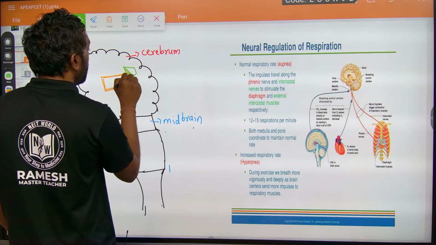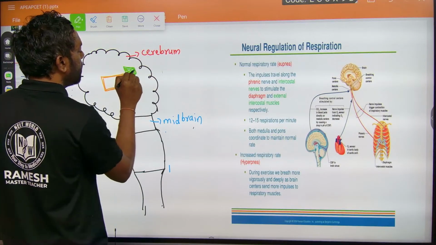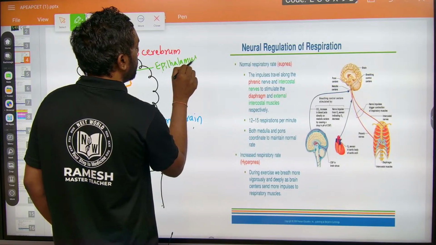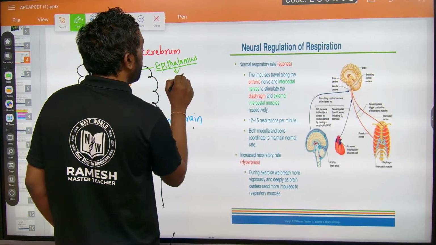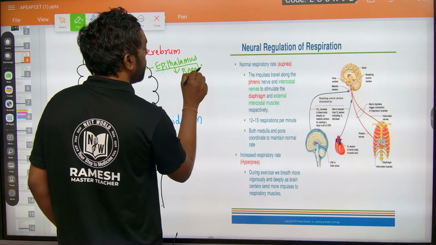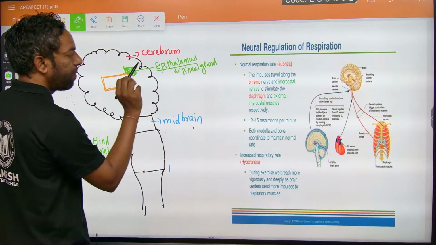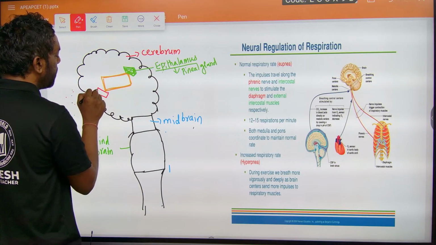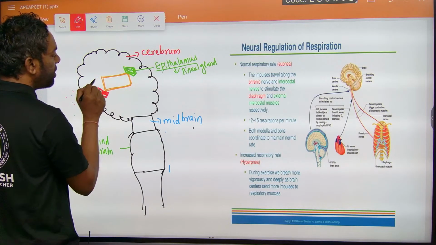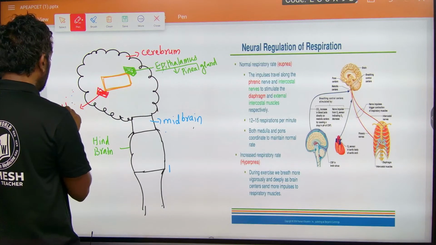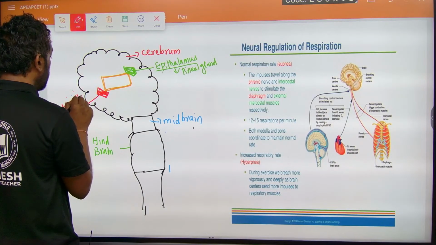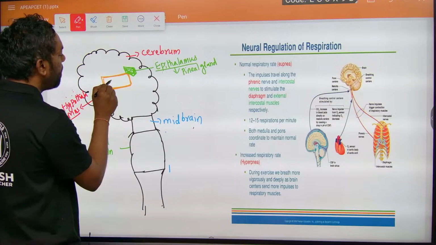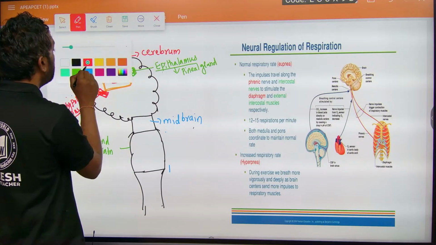This part is the epithalamus, which is nothing but the pineal gland, and this is the hypothalamus. The middle part of the third ventricle is the thalamus.